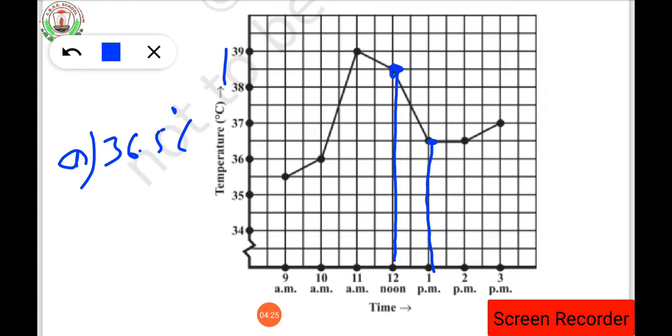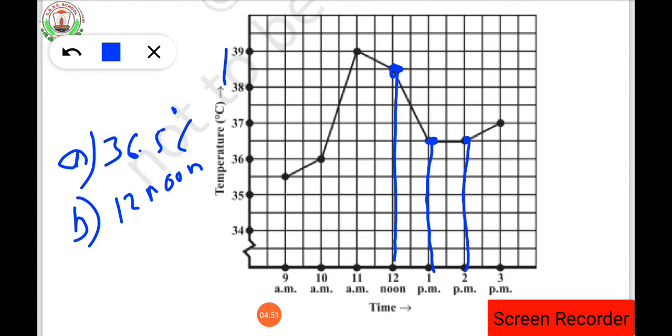Clear? Then in the C part, the patient's temperature was the same two times during the period given. What were these two times? That means the temperature of the patient will be the same. So what is the time when the patient's temperature is the same? Look at the graph, students.